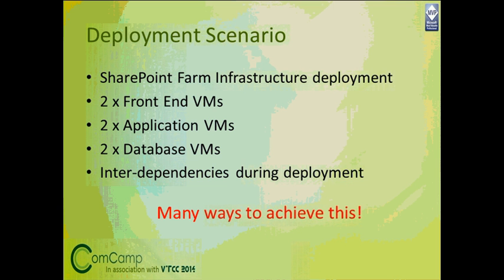For example, in the front-end virtual machines and the application virtual machines of SharePoint, we will install the SharePoint application, right? Either it's 2013 or 2010, whichever version that you have. And in the database VMs, we will install SQL Server, right?